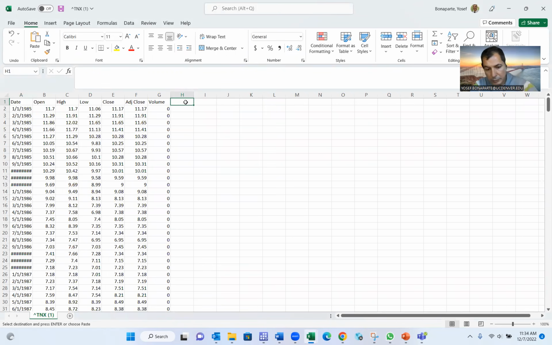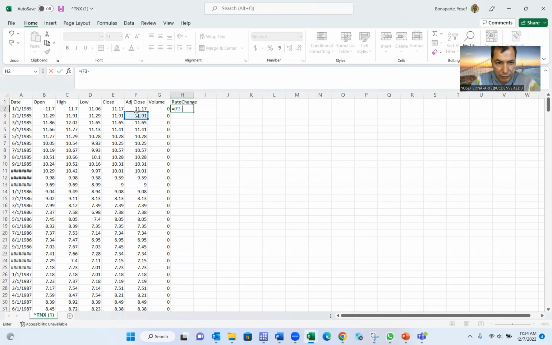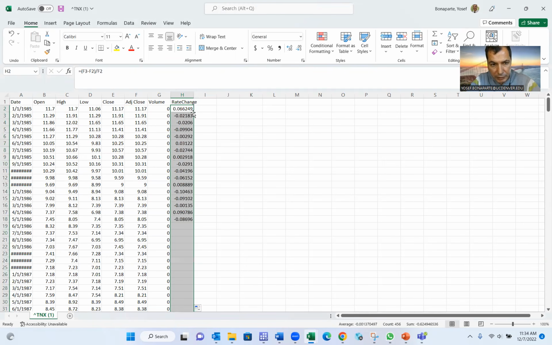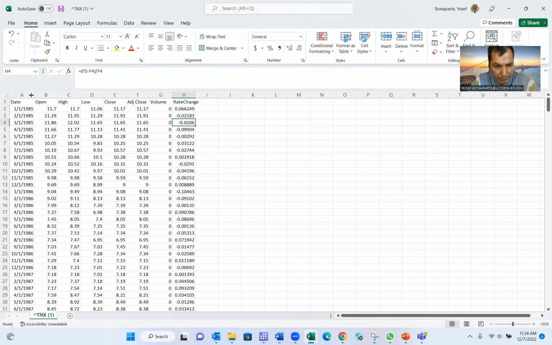So rate change. So January 85, February 1st, 85. So that means in January, the change is this minus this, end of the month, beginning of the month, divided by beginning of the month, enter. Double click. Again, we need to go to October 2017.